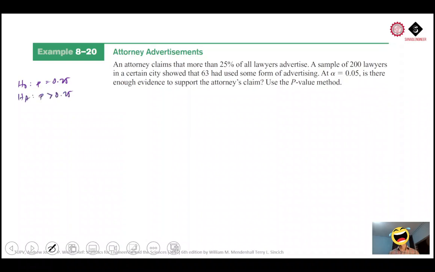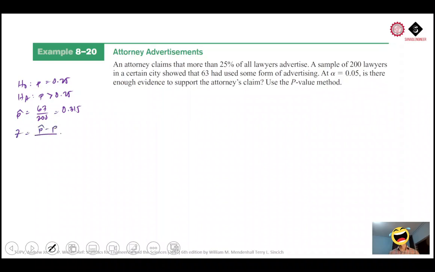For the sample proportion p hat, 63 divided by 200 is 0.315. So we're now ready to solve for the z-score.